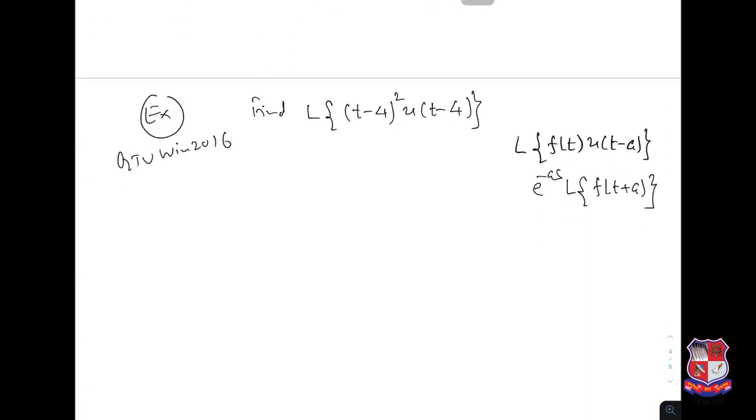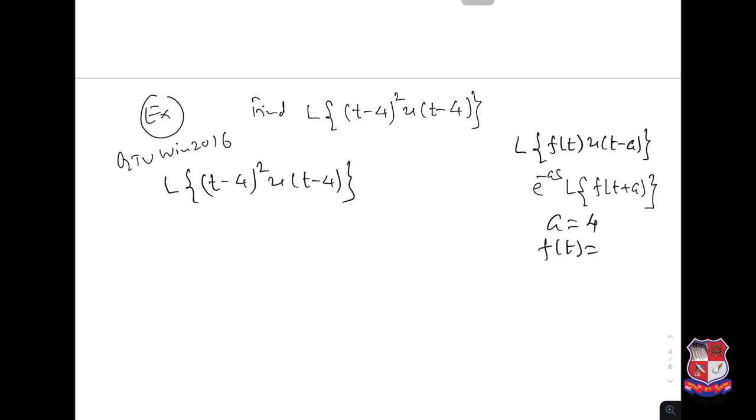So Laplace transformation of (t minus 4) square u of t minus 4. So what is a here? A is 4. And what is f of t?